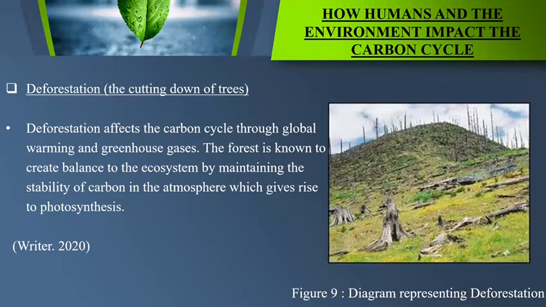It is said that some 10 million hectares of forests are cut down each year due to deforestation, as well as man-made fires, as well as climate fires that are caused due to climate change.